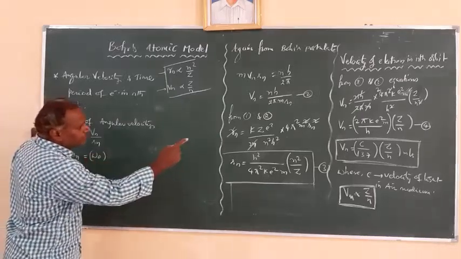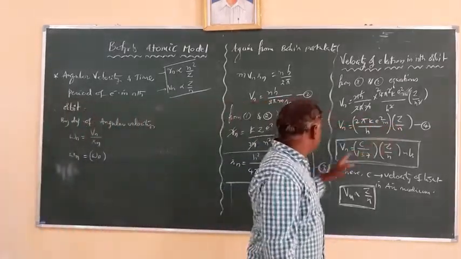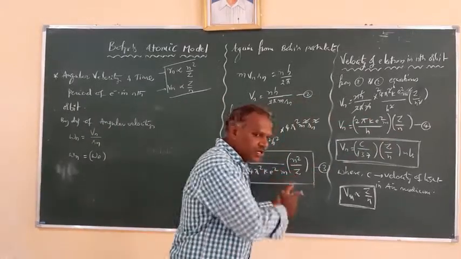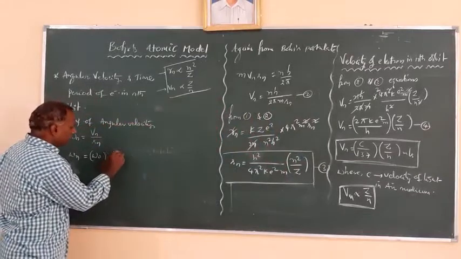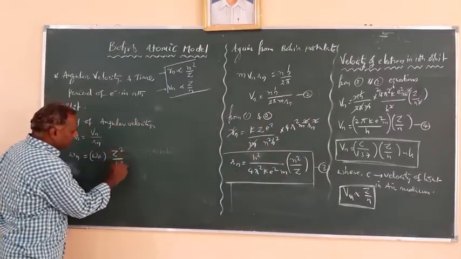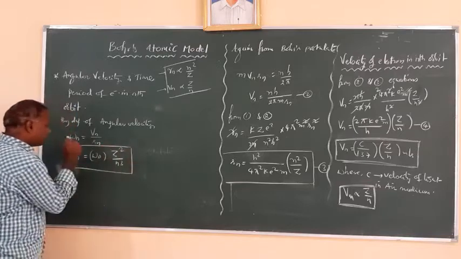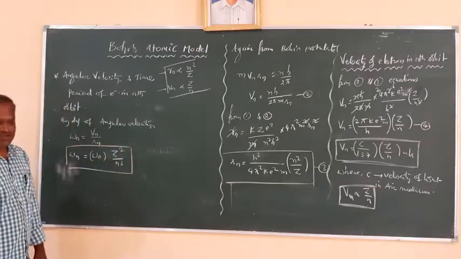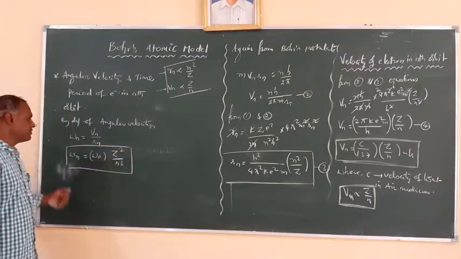For the remaining part, Vn by Rn, Vn is Z by n divided by n square by Z, which makes it reciprocal. What do you get? Z square by n cube. So this is the equation for angular velocity of electron in nth orbit, and how it is related to Z and n.